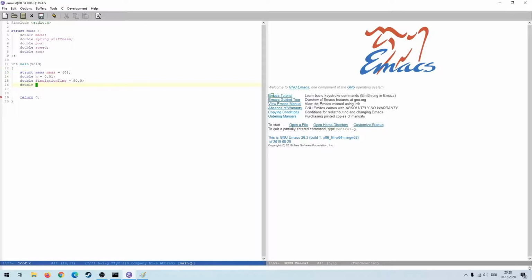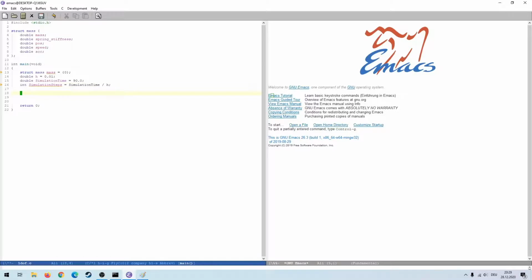And of course, if we want to simulate the time, we need a specific amount of simulation steps, because we have the simulation time divided by our time step, which is the amount of steps that we have to take in order to reach our desired time, basically. And we're going to cast to int, because our simulation loop is going to rely on integers.